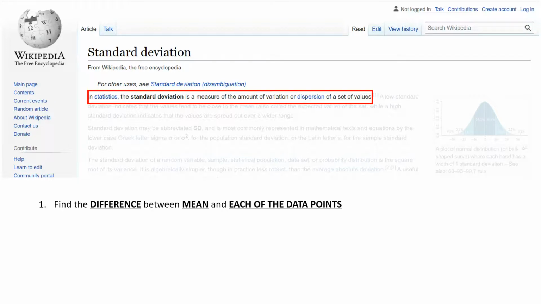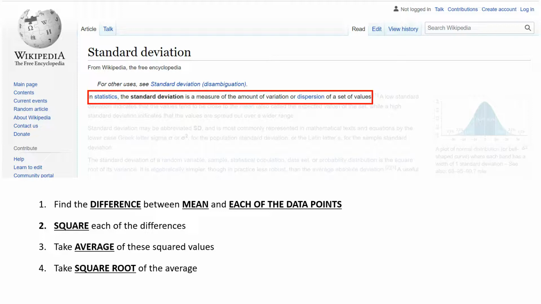First, we will find the difference between the mean and each of the data points, which will be the subtraction, and then we're gonna square those differences. We will see why we do that. Then we're gonna take the average of the squared differences, and then we're gonna take the square root of this average.